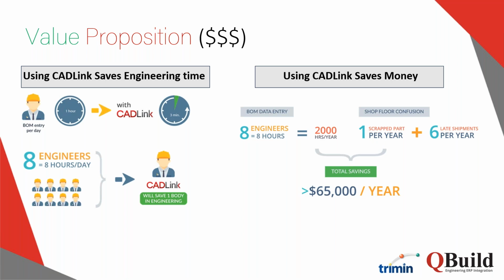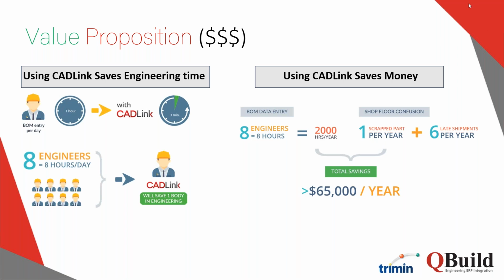So looking at some numbers here really quickly, if we're doing manual data entry with 8 engineers with one BOM entry hour per day, that's over 2,000 hours per year just on BOM entry alone. So you can start to see how much time these small tedious processes actually take and how much it adds up to. And let's say, with the data inaccuracies and struggles that you currently have, you're maybe running into one scrap part per year, which is, I would say, pretty low from my experience in manufacturing.